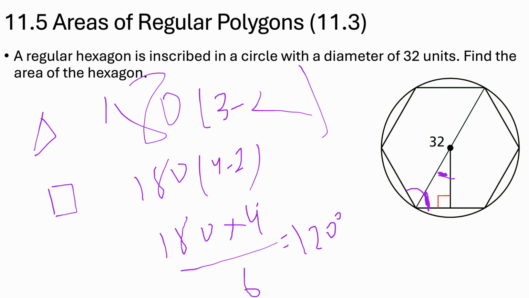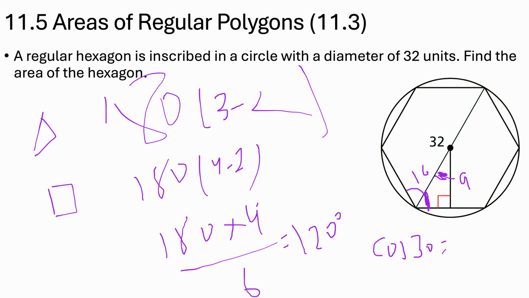The apothem, how will you calculate it? For example, cos 30. If this is the apothem, and this is 16, SOHCAHTOA. So cos 30 would be equal to how much? 32 is the diameter, sorry.